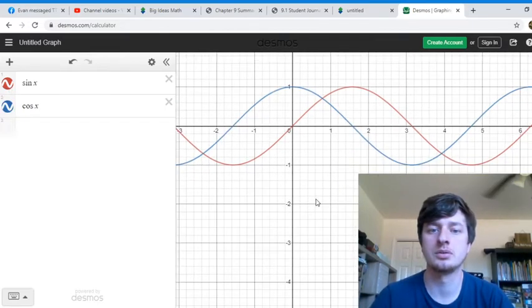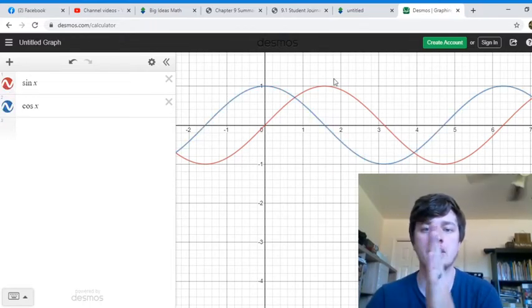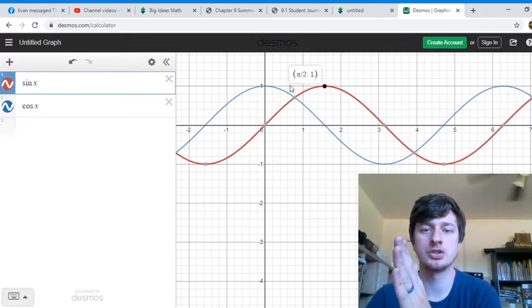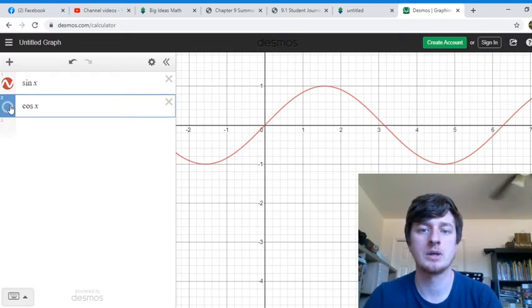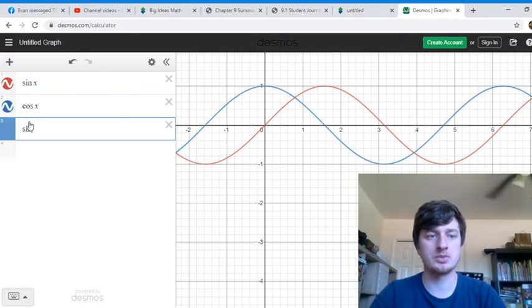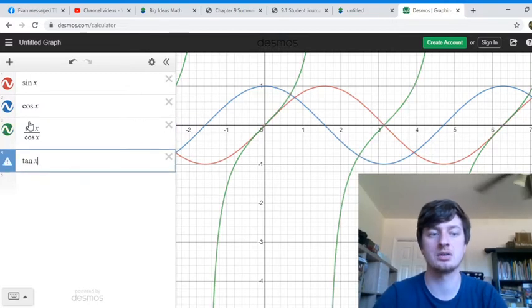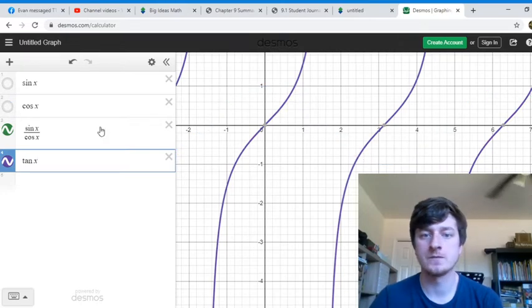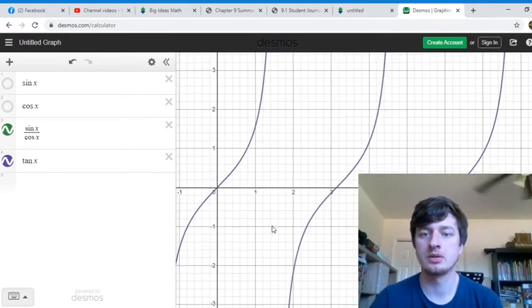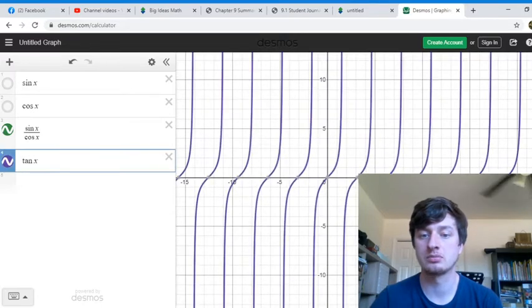Alright, so when we're looking at this here, if I took that red sine of x and shifted it over to here, it's the same curve. Okay, and then if we divide them, sine x divided by cosine x, we get this thing, which is the same as tan x. So tangent of x, this vertical kind of wavy thing, is a combination of sine and cosine.